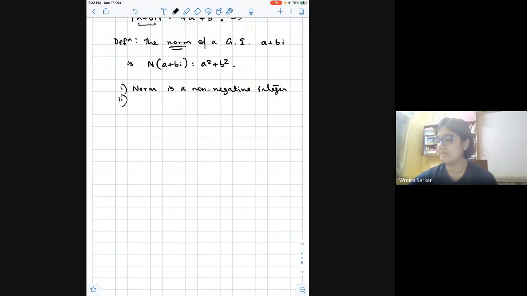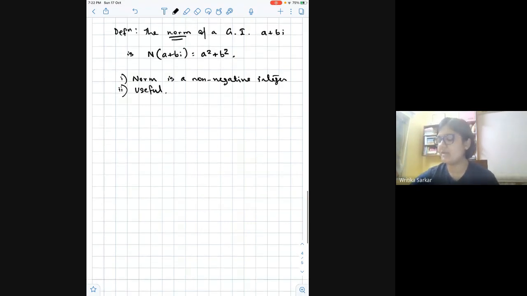I'm just going to write useful. We will see how using this definition is more useful than having the square root over it. Okay, cool. So some quick properties of the norm.